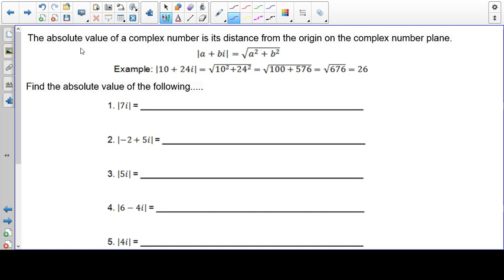This is the distance from the origin or my center to wherever this point could be. So whatever my a value is, I take that number, square it, and add it to my b number squared. So in this case, I only have one number. So I have the square root of 7 squared, which my square root and my square cancel each other out. So my answer here is just 7.